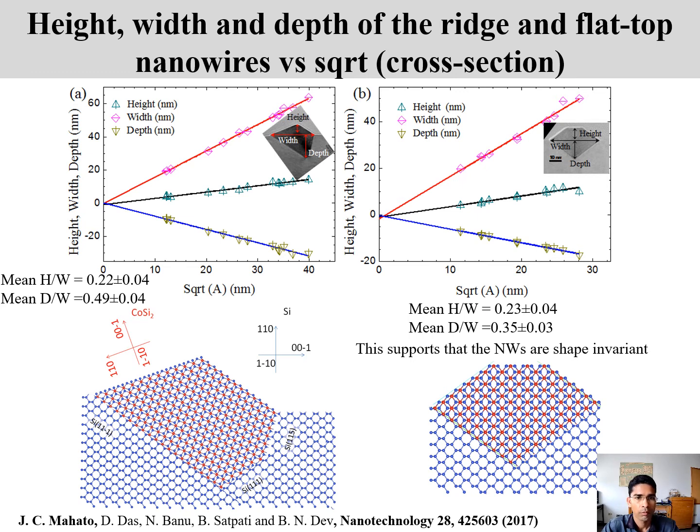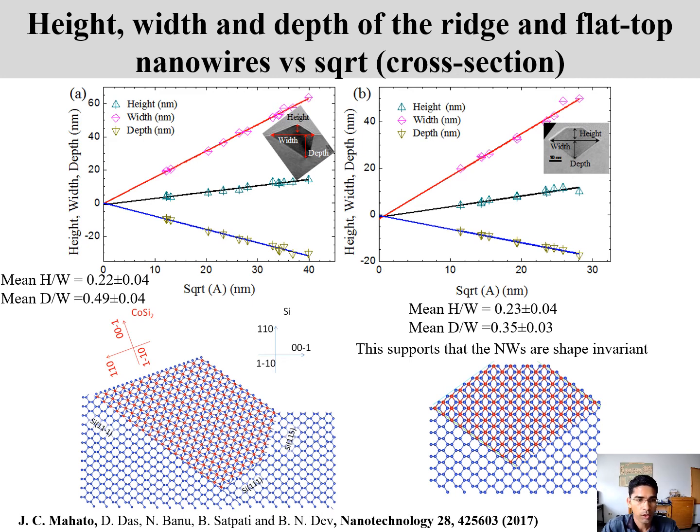And we have plotted the mean of the height to width ratio with respect to the square root of the cross-sectional area of the nanowire, and we found that it is nearly constant, 0.22 for this type of nanowire, and the same goes for 0.23 for the flat top type of nanowire.